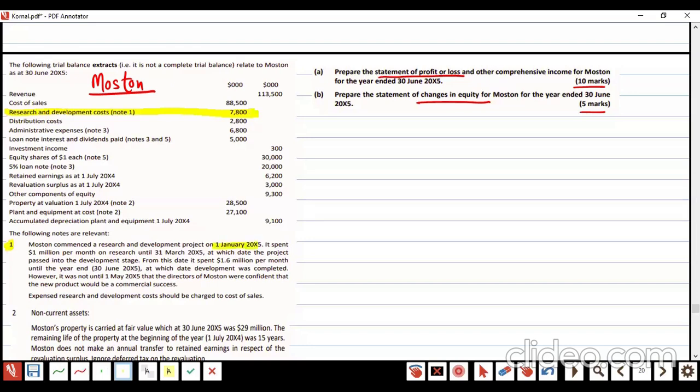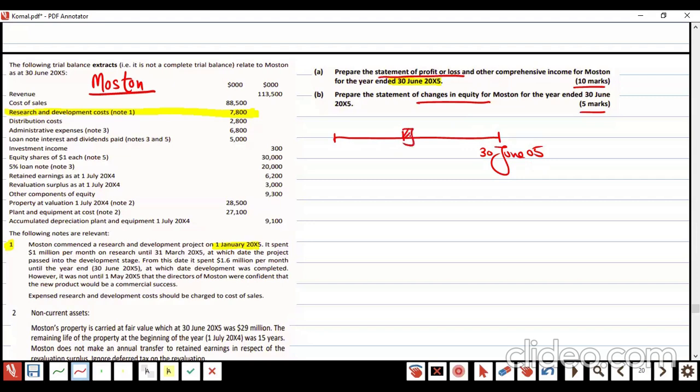The date is very important. My year end is June, so only 6 months, okay? It spent 1 million per month on research until this date. My year end is till June, right? X, I can use 0, 1, it's up to me. I am writing 0, no problem.